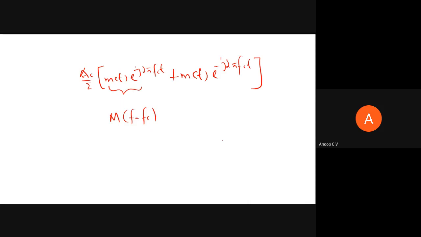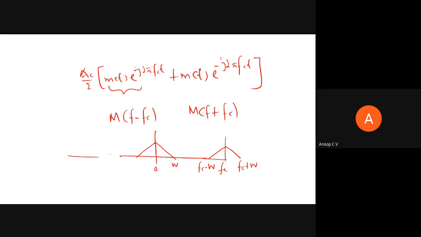This M of f is a baseband spectrum, centered at 0 and having a maximum frequency content W. It will be shifted, or translated in frequency, by an amount fc. As it is a real valued spectrum, it will be symmetric about fc, and it will span from fc minus W to fc plus W. The second term will become M of f plus fc, which is M of f shifted left by an amount fc.